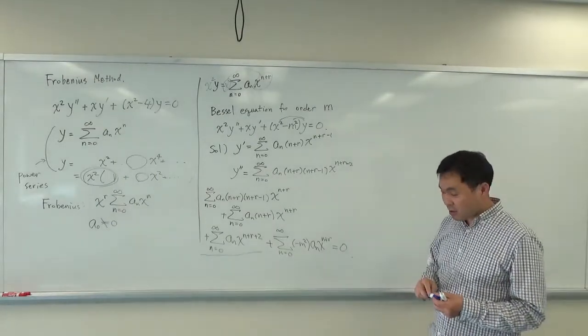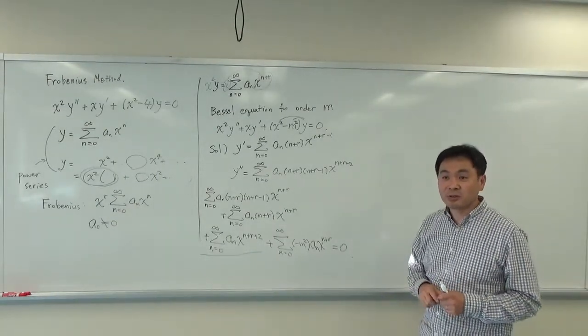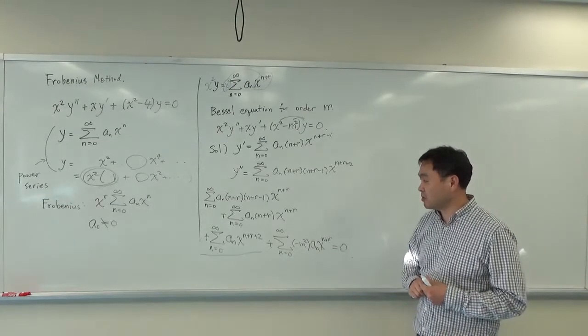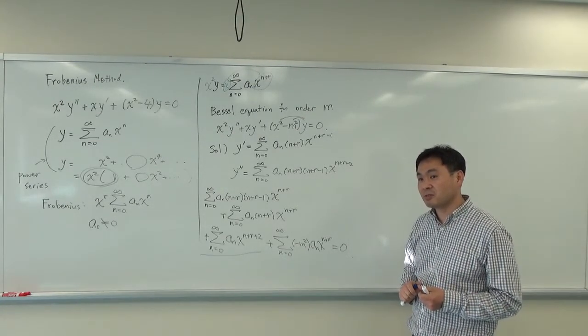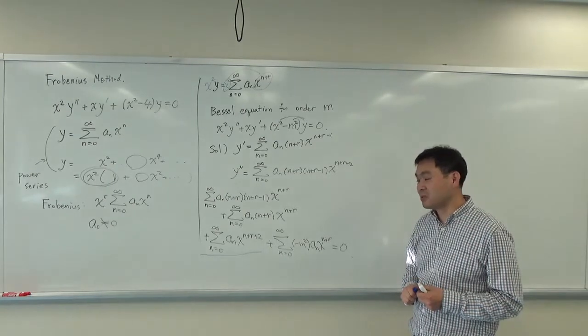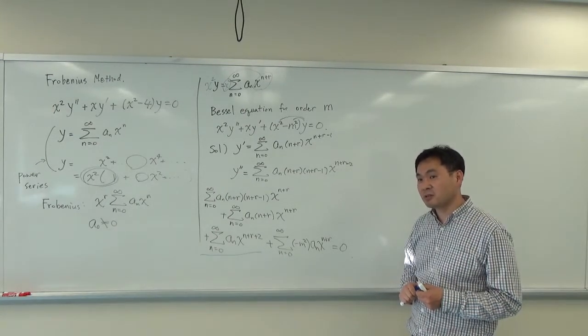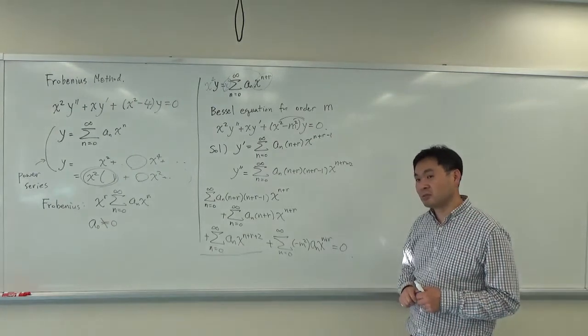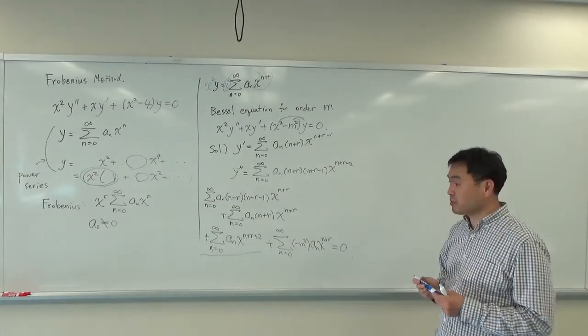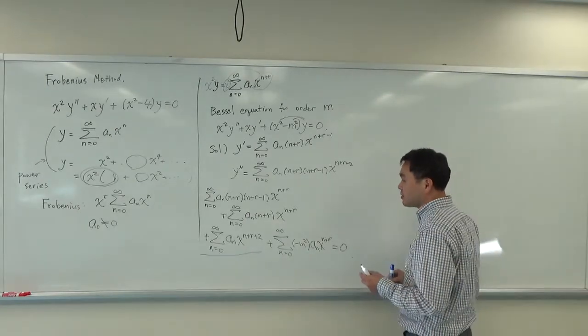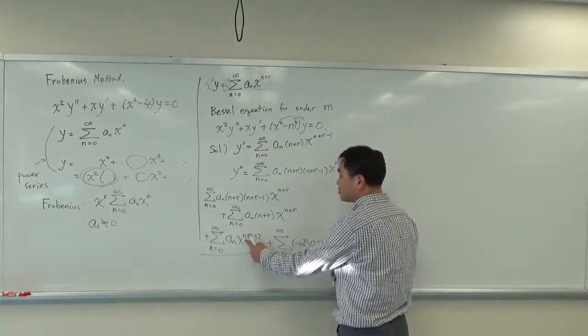How do we shift? We need to change the n, so that the exponent becomes n plus r. It looks like we could replace n by n minus 2.